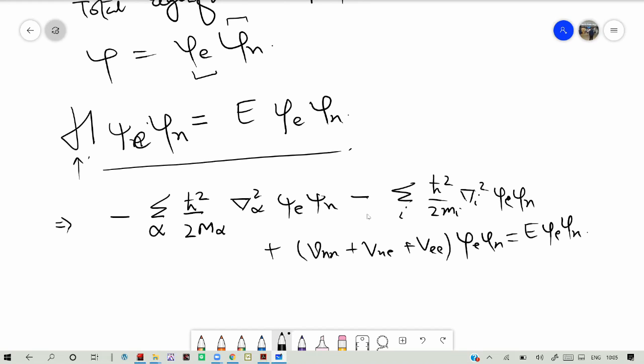Here you will find the different terms and the different contributions. To solve it further, we again go to our primary approximation that nuclei are fixed. By fixed, we mean that this psi e, the wave function of the electron, is least affected by the nuclear coordinates.